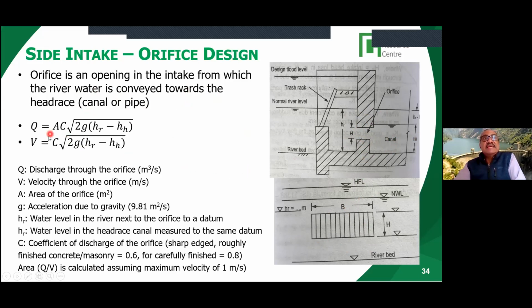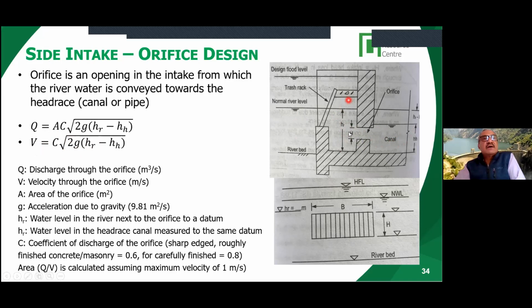Now, the velocity of flow entering this hole or orifice is given by a formula. It is given by C times the square root of 2g times the head difference between the upstream and the downstream parts of the intake. This is the normal water level.